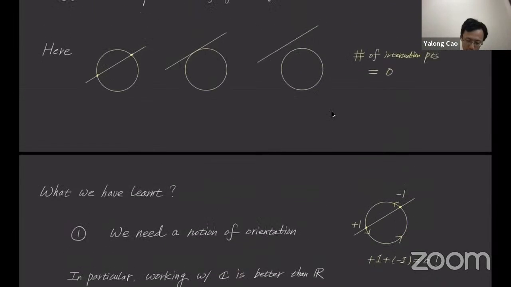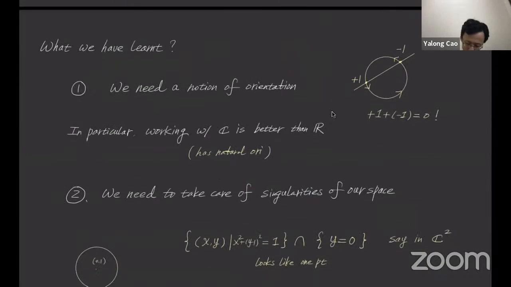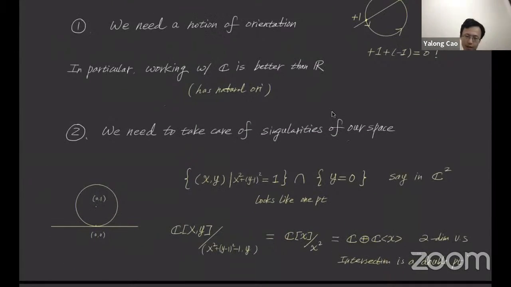If you look back at this picture, if this line is tangential to the circle, we have an intersection point here, which sounds like we should count as 1. But in fact, analyzing this intersection in another way gives a different answer.